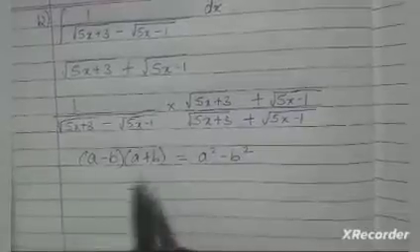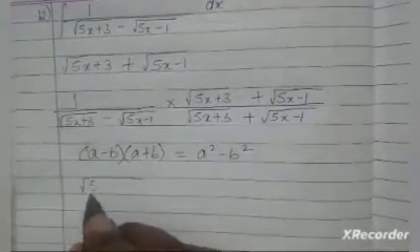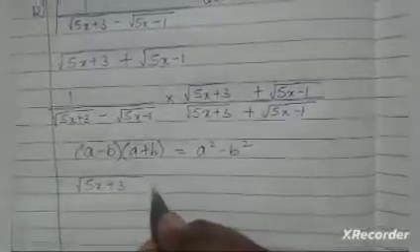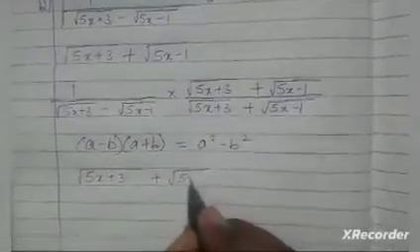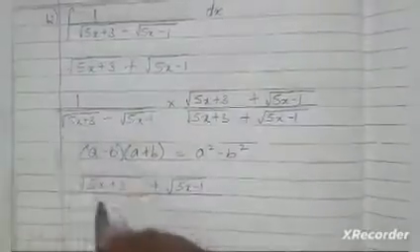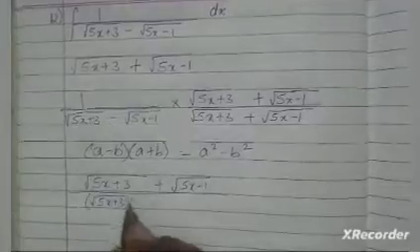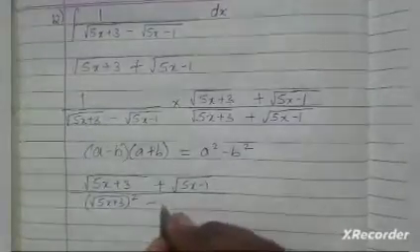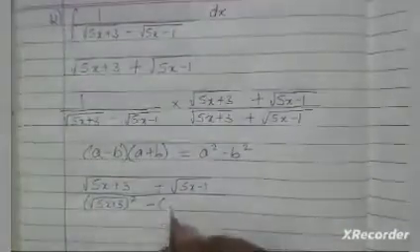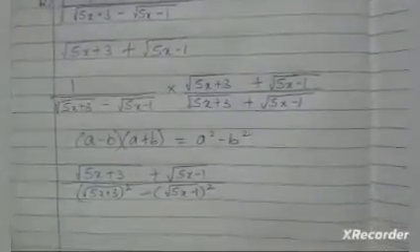So we will apply this. Now solving further, we will get root 5x plus 3 plus root 5x minus 1 divided by a square, that is this term square, root 5x plus 3 whole square, then the b term, that is this root 5x minus 1 whole square.